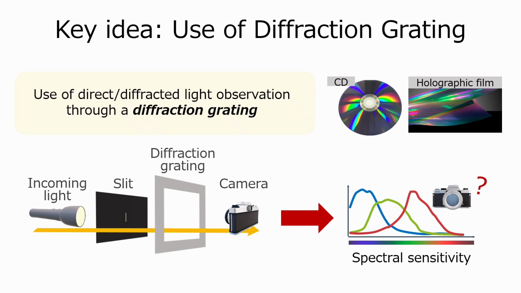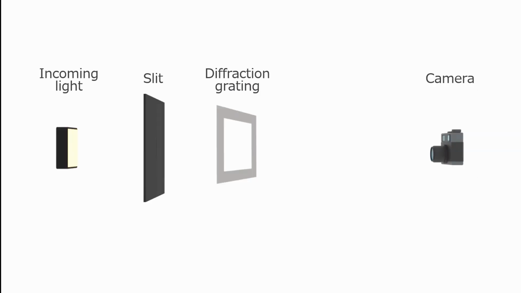In this study, we propose a method for estimating camera spectral sensitivity using observations of an incoming light through a diffraction grating. So, our experimental setting consists of a slit for incident light, a diffraction grating, and a camera. When we observe light through a diffraction grating, we not only capture the light itself, but also the diffracted pattern of the incoming light.